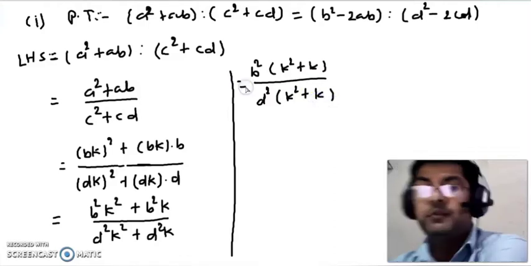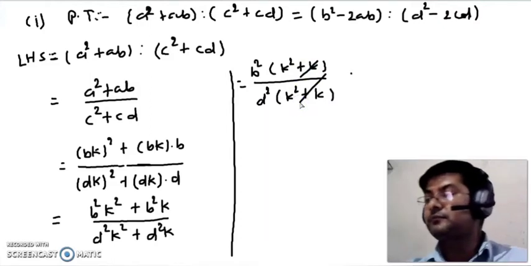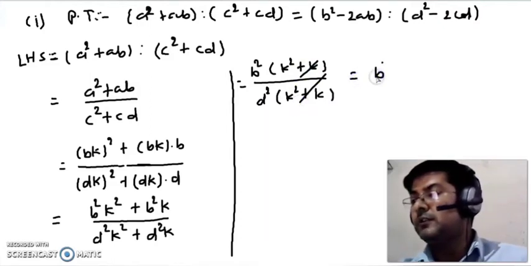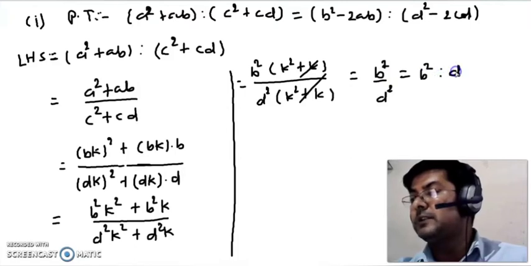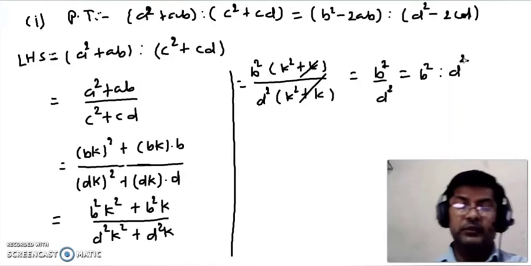So in both numerator and denominator we have this bracket common, we can reduce. So our simplified answer is b square upon d square, which is b square is to d square. So we have simplified the ratio on the left hand side.